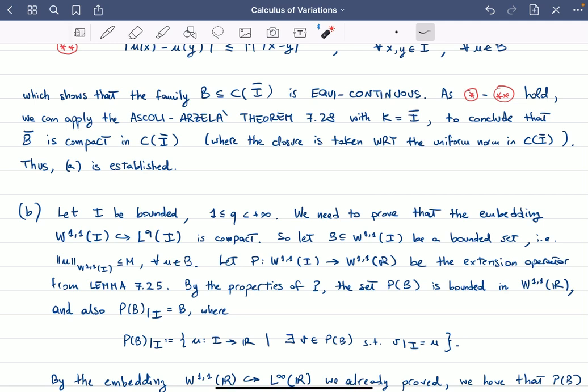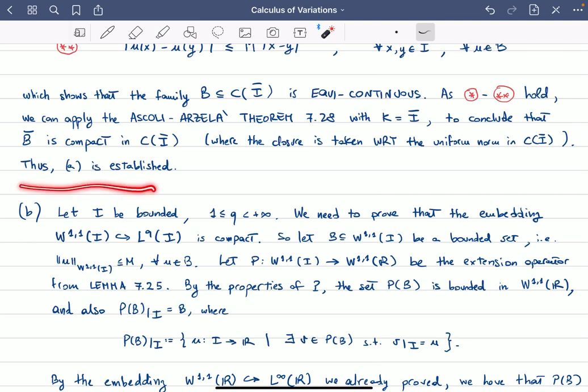Since I is already bounded, if we close it, you get something which is closed and bounded in R, which is compact by the Heine-Borel theorem. And therefore you conclude by the theorem that the closure of B with respect to the uniform norm is compact in C of the closure of I.